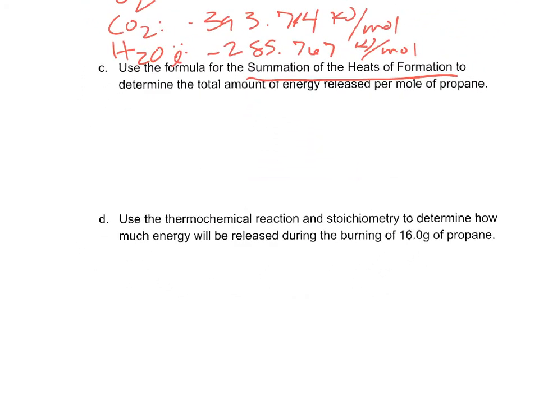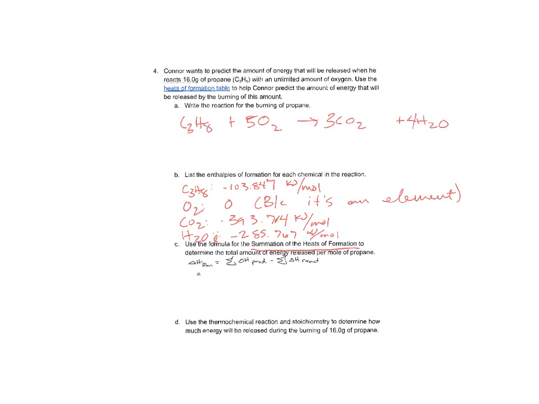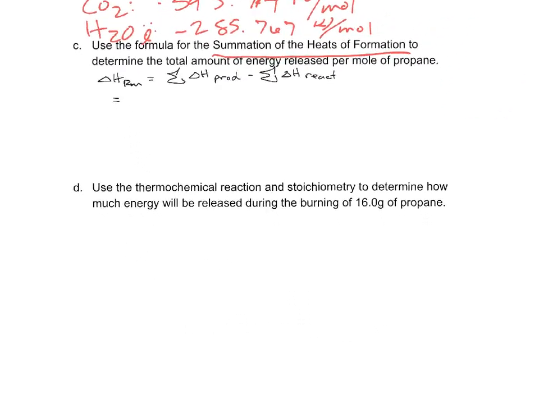You need to understand that the enthalpy change for the reaction is equal to the sum of the heats of formation of all of the products minus the sum of the enthalpy change for all of the reactants. In this case, your products are 3 carbon dioxides and 4 waters.